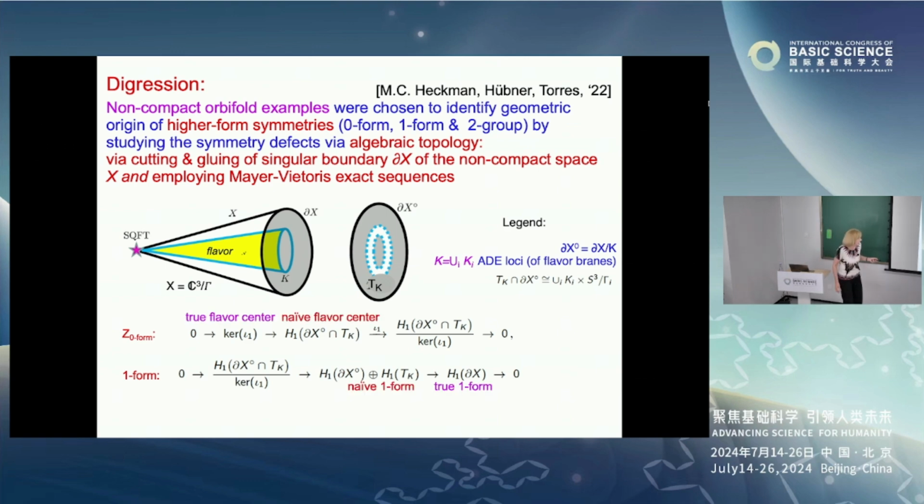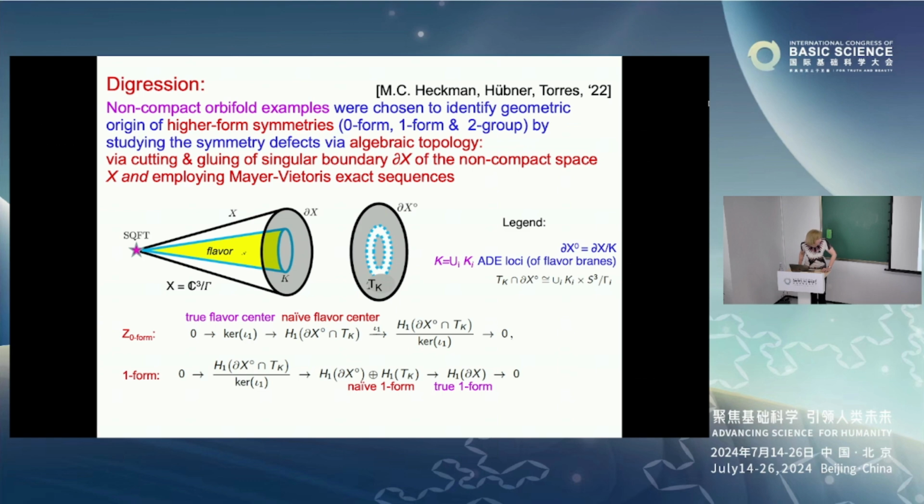In particular, in the sequence, the true one-form symmetry associated with the singular boundary space sits here, and the true flavor symmetry sits in this sequence as a kernel. Using some orbifold homology calculations, we were able to determine for all these different orbifolds what the true one-form symmetry and the corresponding true flavor center symmetry are.